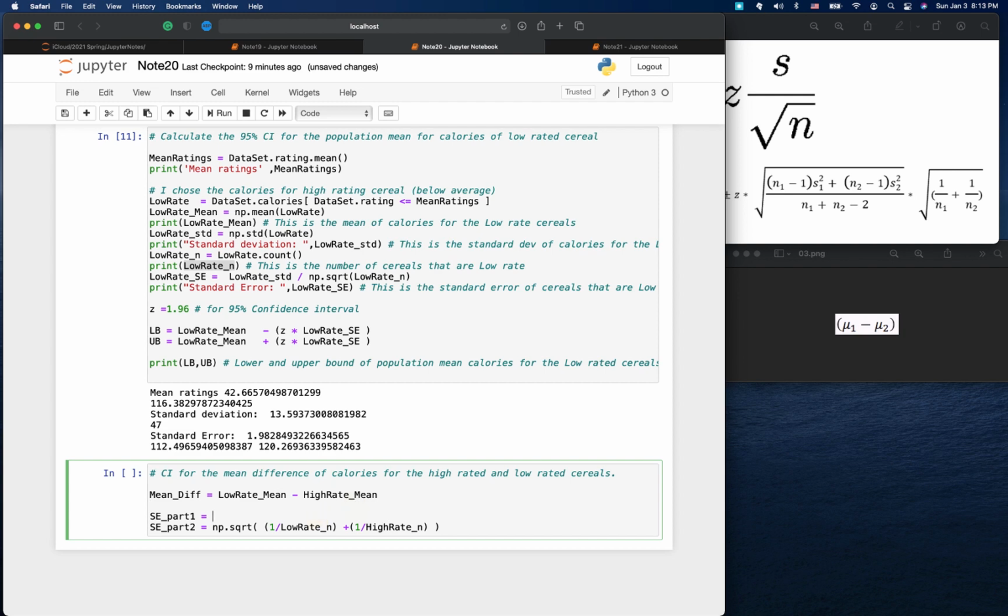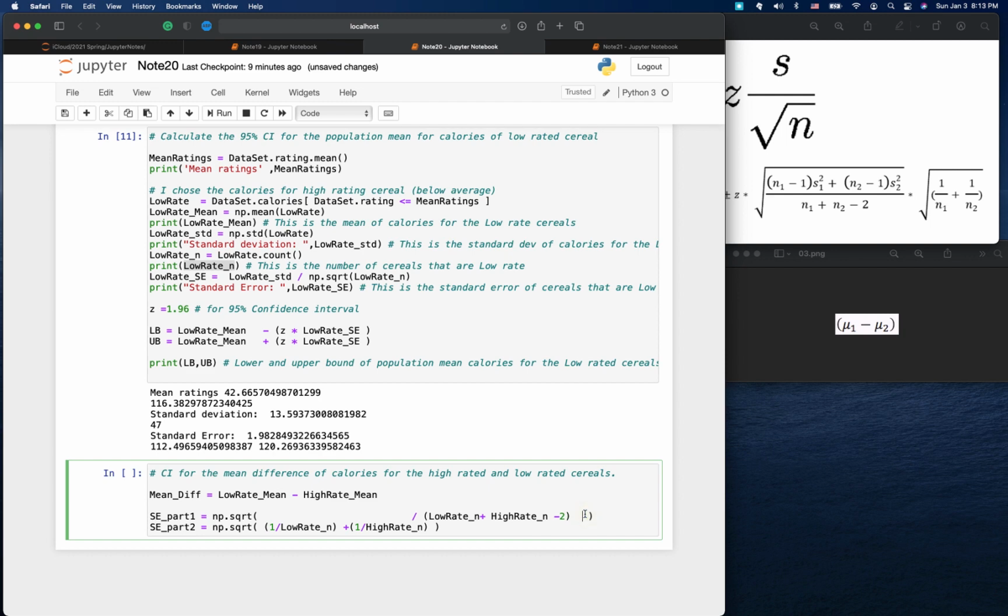And then for this one, np.sqrt, and this will be a huge formula. First of all, I'm going to write down the denominator, which is easier: n1, which is this one, plus n2, which is this one, minus 2. So this is the denominator, right?